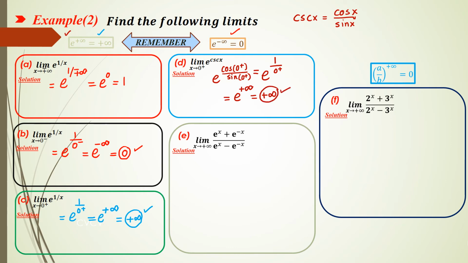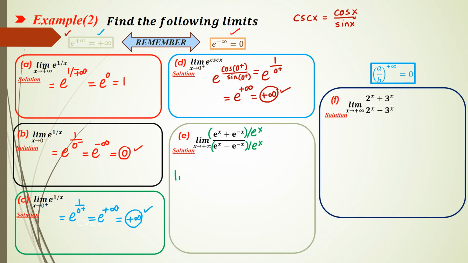In part E and F, we have nearly the same ideas. Now you have to divide numerator and denominator by e to the power x firstly. So this is the first step to find the limit in part E. Divide by e to the x, divide by e to the x.